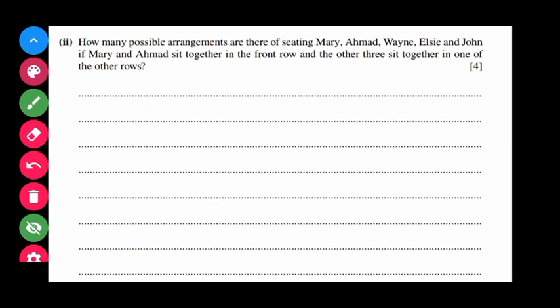So totally we have 8 rows with 5 seats in each row. So let's make the first row 1, 2, 3, 4, 5. Like this we have 7 more rows. That means totally 8 rows are there. So this is the first row, that means front row. In this, the condition they have given is Mary and Ahmad sit together.